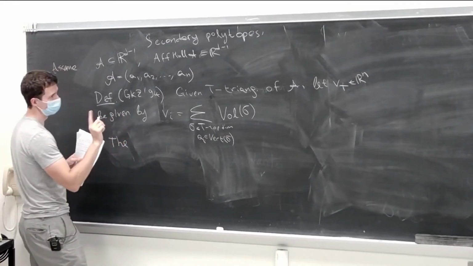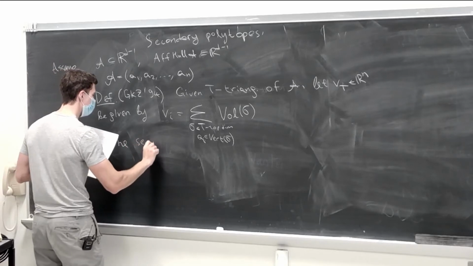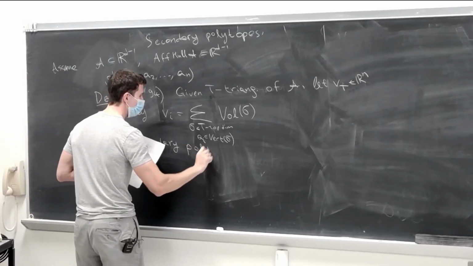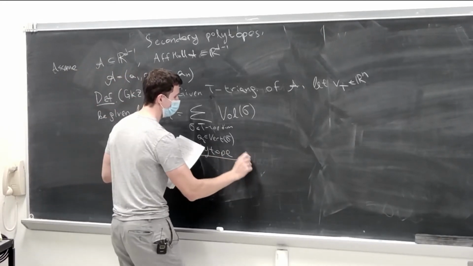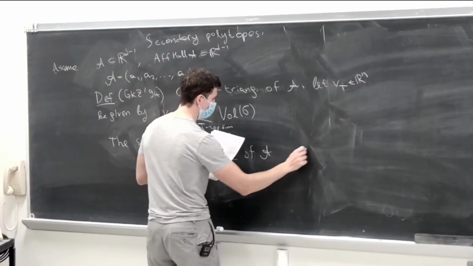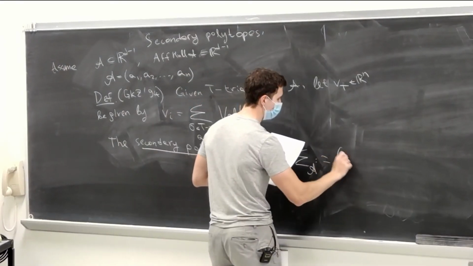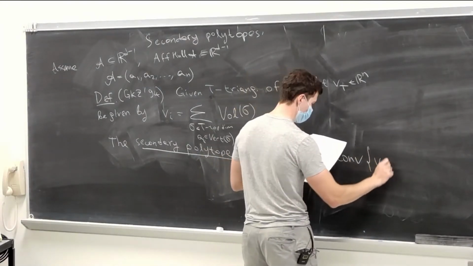And here I'm actually going to do something slightly weird. So the secondary polytope, which is denoted by sigma sub A, is by definition the convex hull of all such vectors.